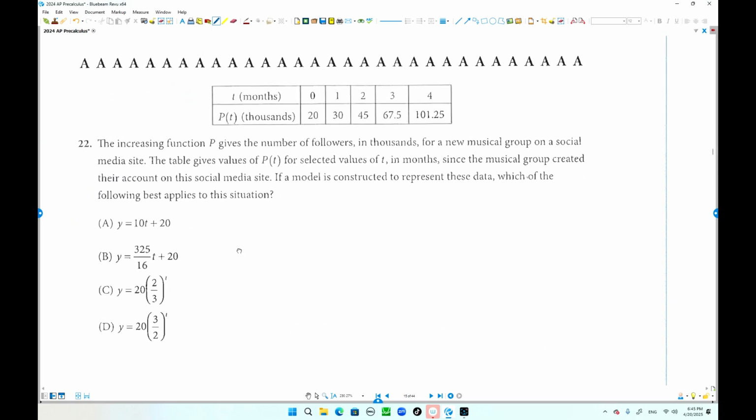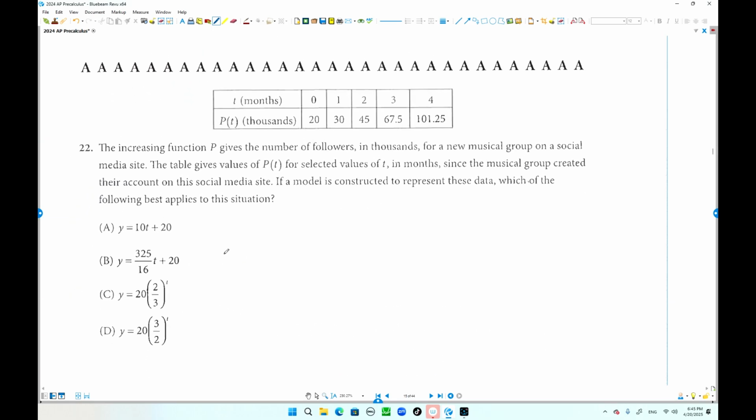The next one, number 22, take a look at the first one. When you look at linear versus exponential, this is not linear, right? The difference is 10, 15, 22.5, that's not linear. To find the exponential function, there is a common ratio, right? Multiply the number.